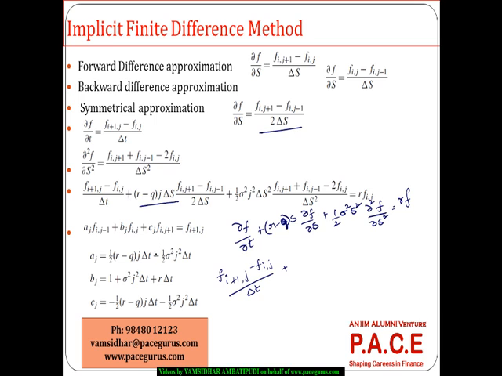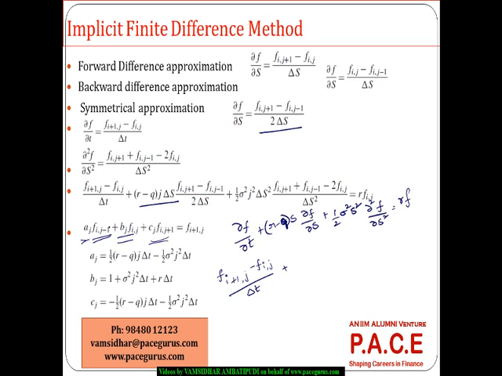Now if I simplify it, I get something like this: aj times f(i, j-1) plus bj times f(i, j) plus cj times f(i, j+1). Now you see j minus 1, j and j plus 1.